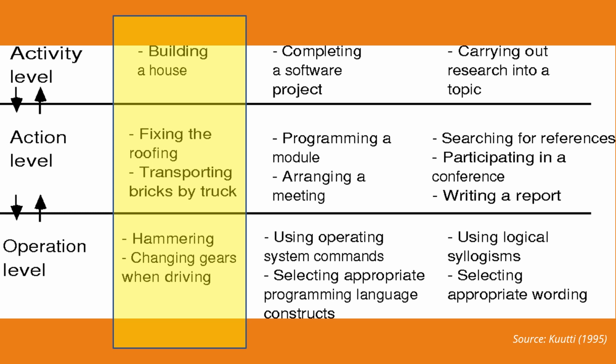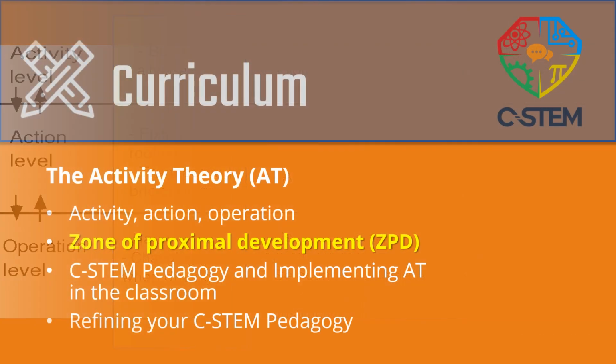The operations further support the actions by hammering the shingles on the roof and changing gears while driving the truck to transport the materials. As you can see, each level becomes more granular and detailed. You and your students will use this hierarchy on a regular basis when implementing your C-STEM projects.